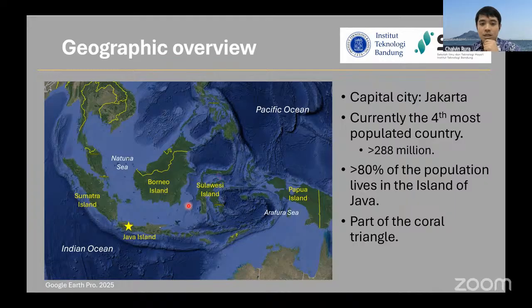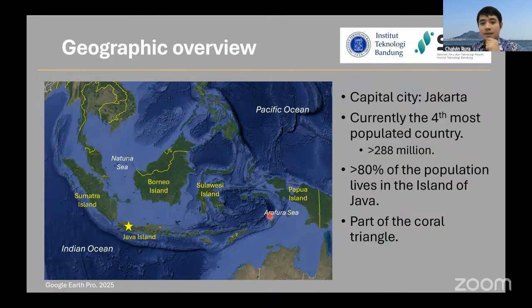To the north of Indonesia we have the Philippines, and to the northwest we have mainland Asia, with Peninsular Malaysia, Thailand, where you are, and Cambodia, Laos, and Vietnam. And to the south, there's Australia. The position of Indonesia affects its fishery condition as well, so I will discuss it more later.